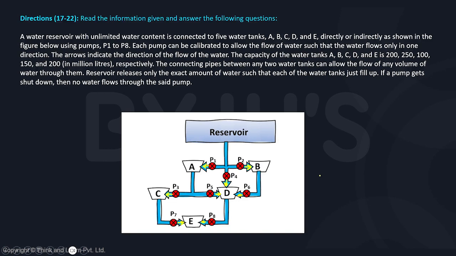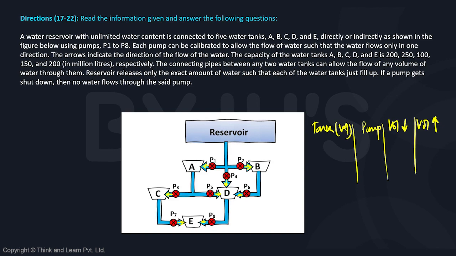So we will have the tank and the volume, written in brackets, then the pump, then the volume getting in, and then the volume getting out. We will draw these 4 columns and fill up that table.